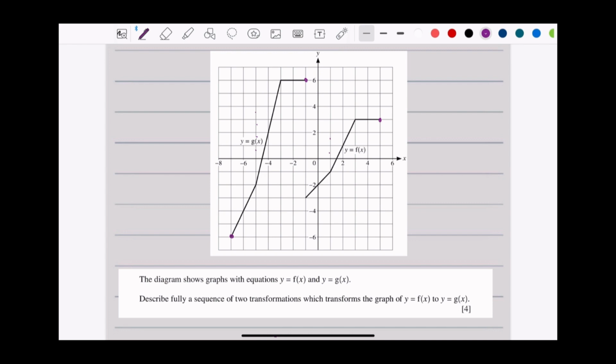In order to reach from F to G, I will go 3 up and 6 left. So from here I get an idea that it's 3 up and 6 left. So let's write it down for a moment.